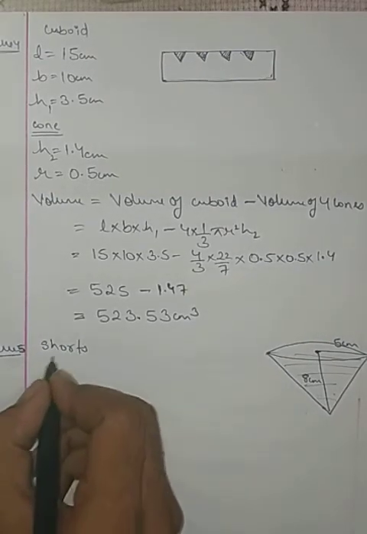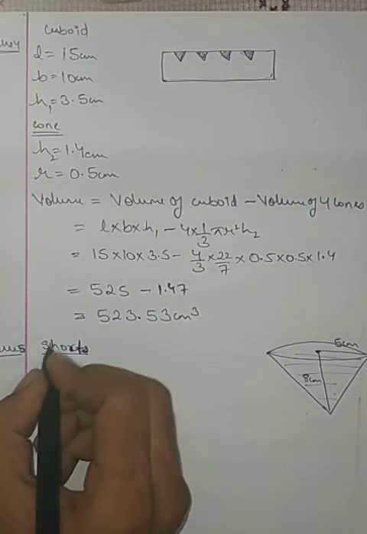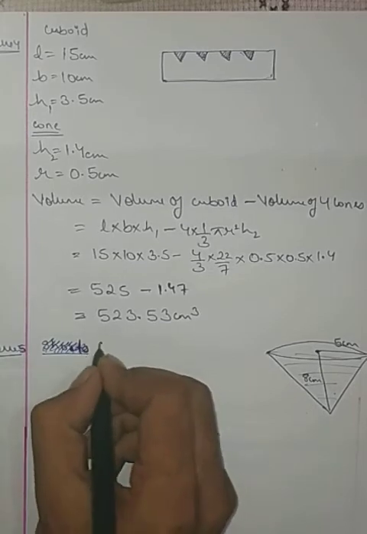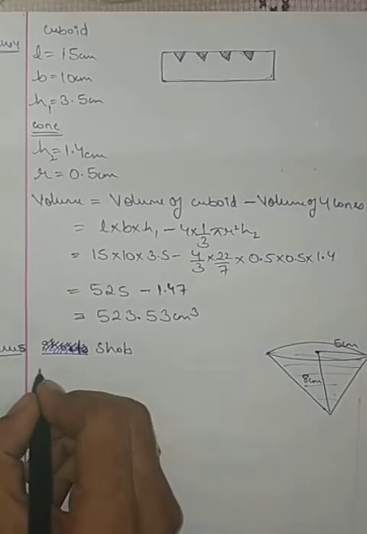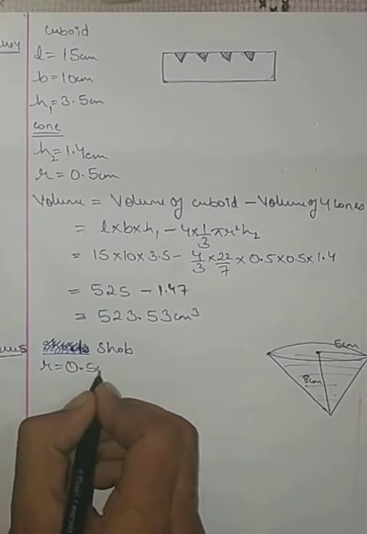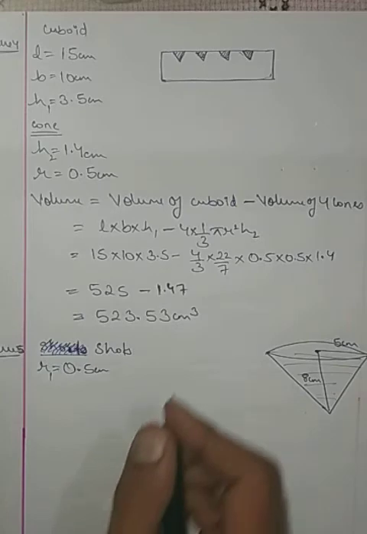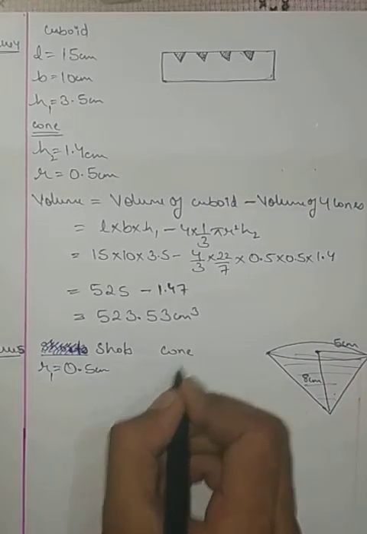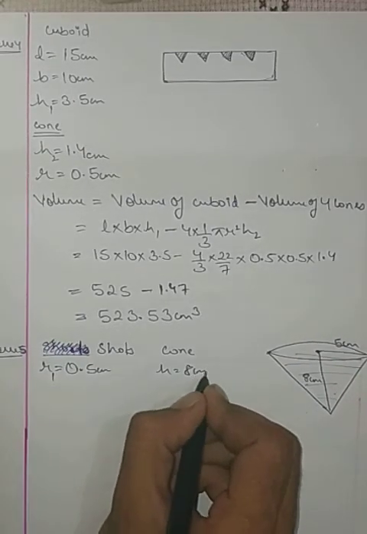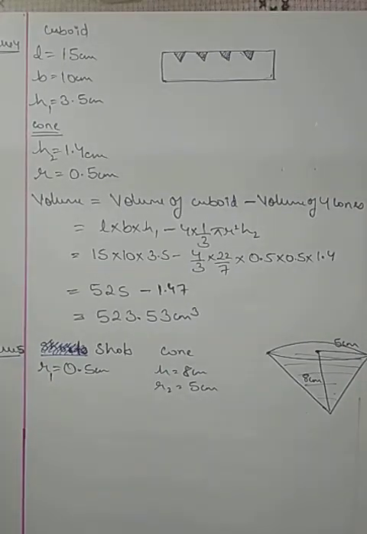For shots, what we have, radius is given to be 0.5 centimeter. Again here radius we are going to use, so R1 will be the radius of shots. Cone height is 8 centimeter and radius R2 will be 5 centimeter.